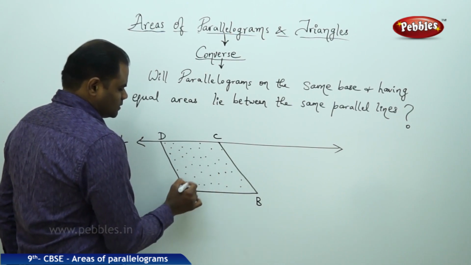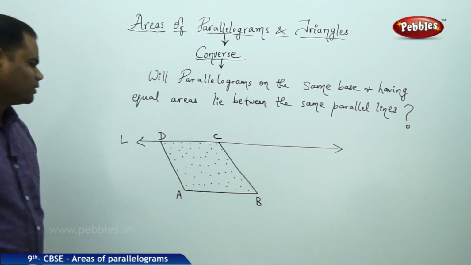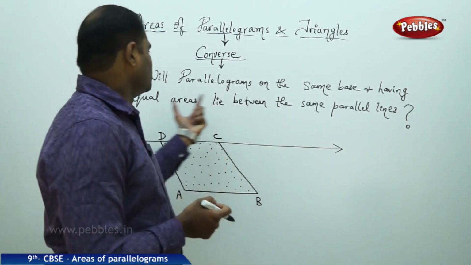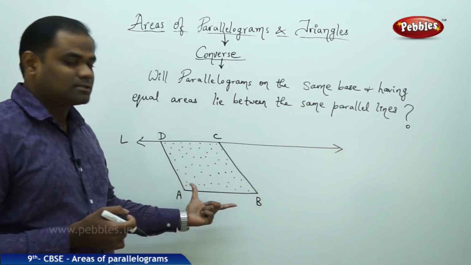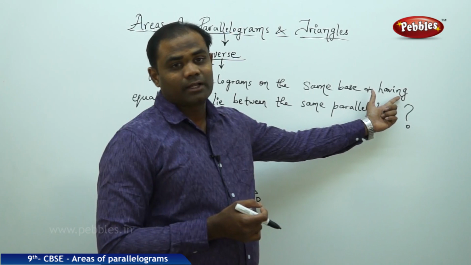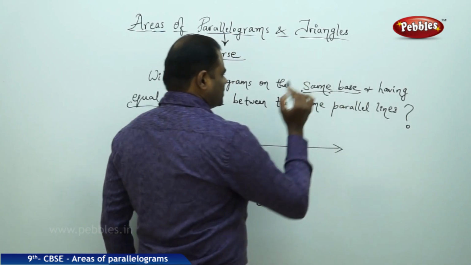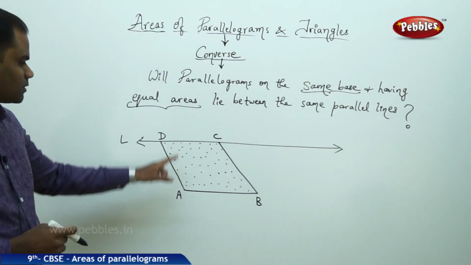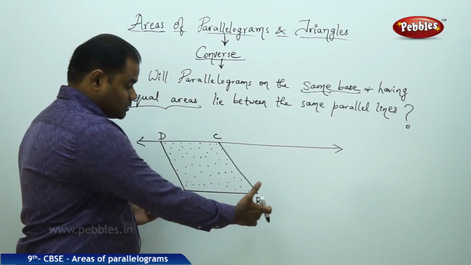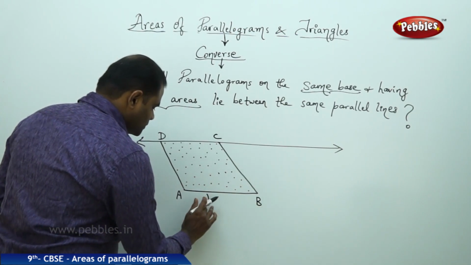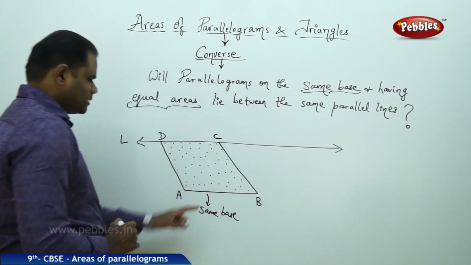So here is the parallelogram. Now with this parallelogram, let me take another parallelogram which has the same equal area. The condition for the converse is that they lie on the same base. So taking the same base AB, I'll draw another parallelogram which has equal area and the same base. Let me take another parallelogram of the same equal area between the line L and the base AB. This is the same base.